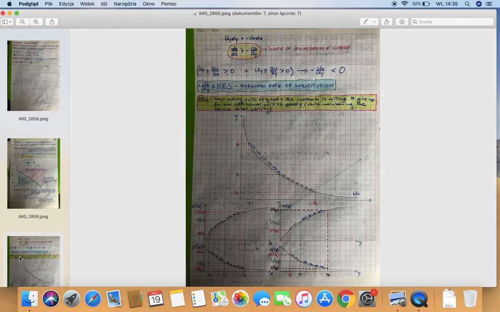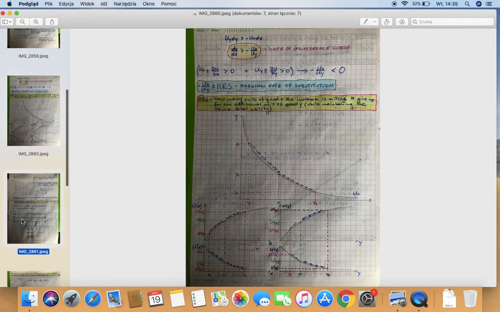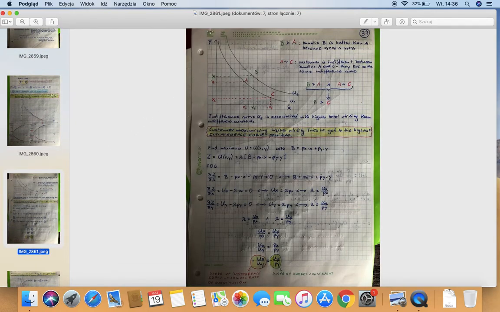Okay. Now, a couple more words about the indifference curves. Look, I showed you two indifference curves over here, and the question is, which one of these two indifference curves is better, U1 or U2? And actually the answer to this is very simple. Look, bundle A is on indifference curve 1.